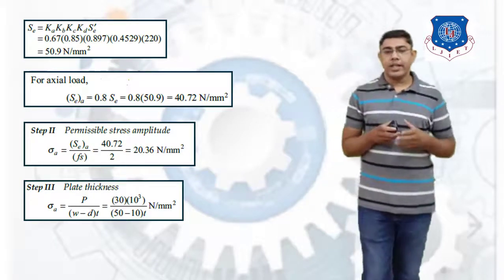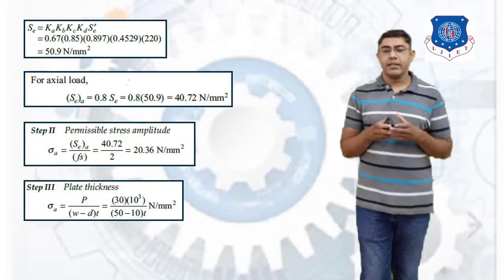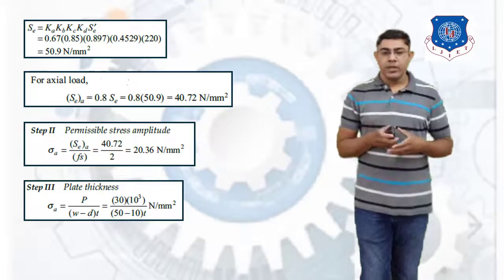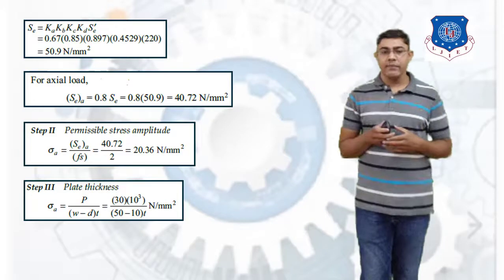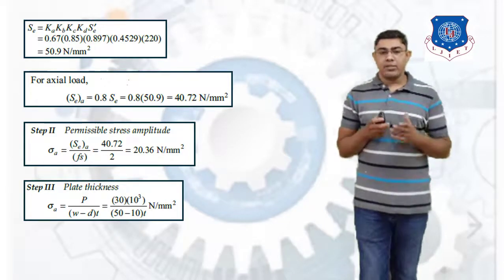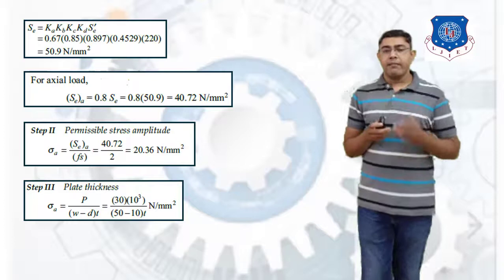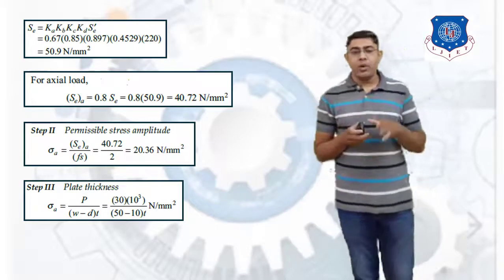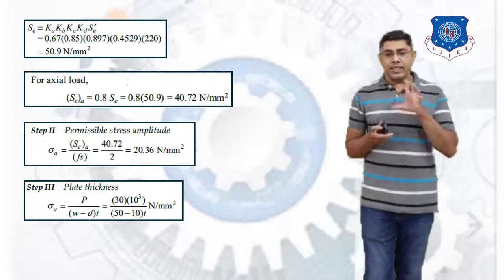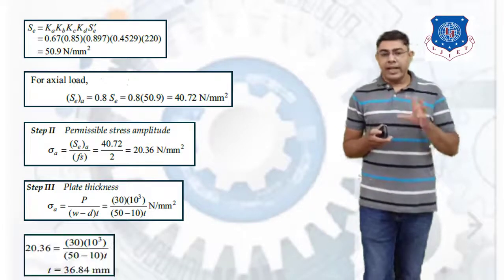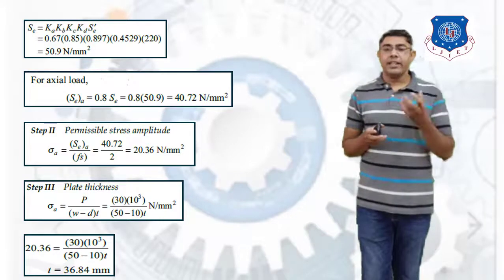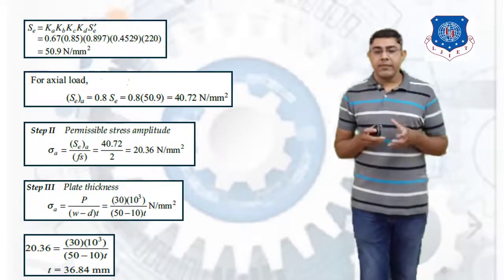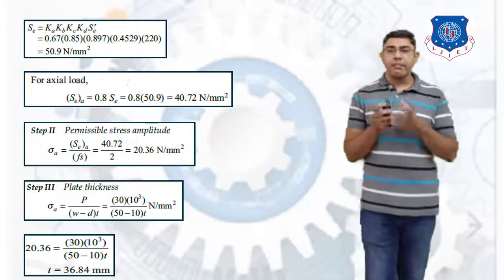Sigma A, from the elementary equation, is equal to P divided by (W minus small d) into T. We have all the values: P is 30 into 10 raised to 3, W is 50, small d is 10, and sigma A is 20.36. So the only unknown is T. By placing all these values and simplifying the equation, we get the thickness T, that is 36.84 mm.